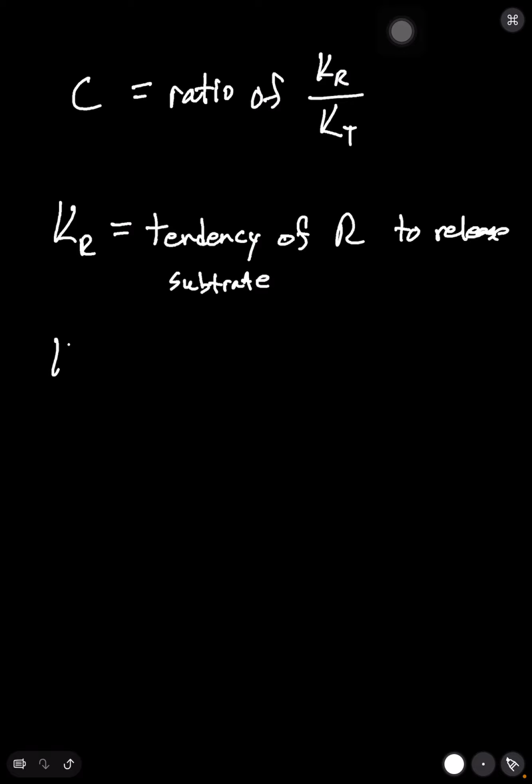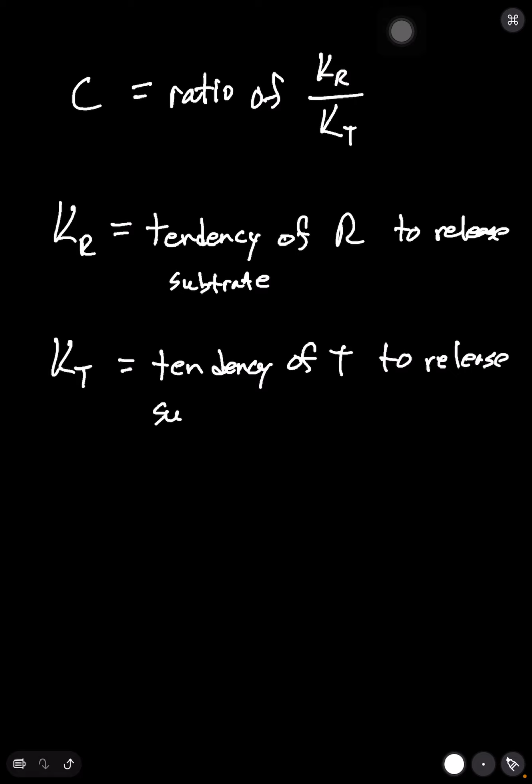Same thing for Kt, except it's T. Like I said, T is always going to be more inactive than R. R is always going to have more of a tendency to bind its substrate, and conversely, less of a tendency to release it.